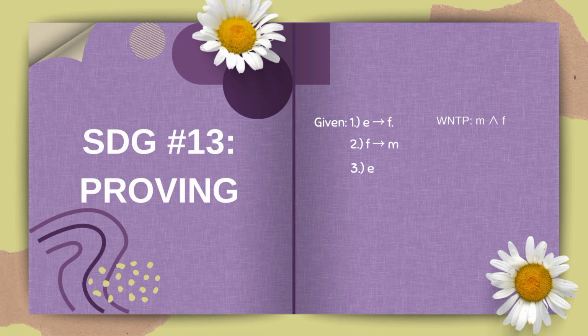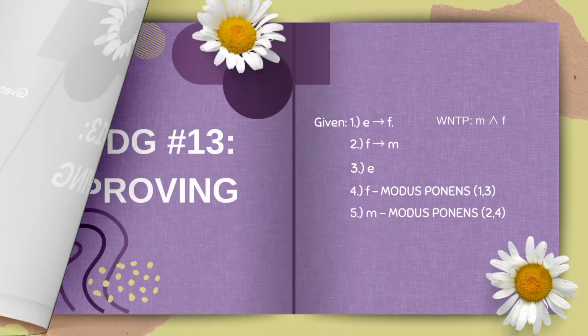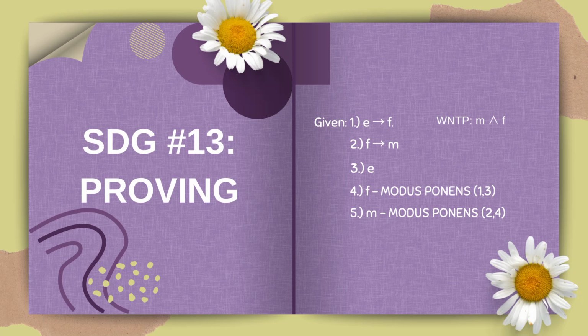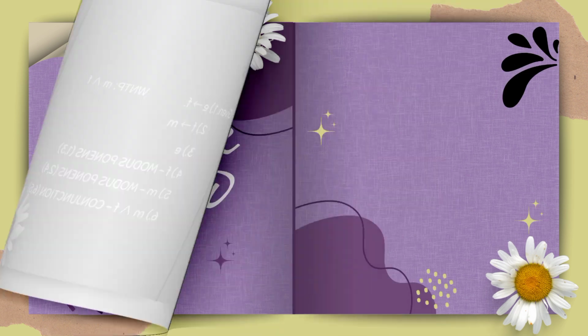And lastly, number 3, which is E. Number 4, F, obtained by modus ponens of 1 and 3. Number 5 is M, obtained by modus ponens of 2 and 4. Lastly, we prove M and F, obtained by conjunction of 6 and 5.